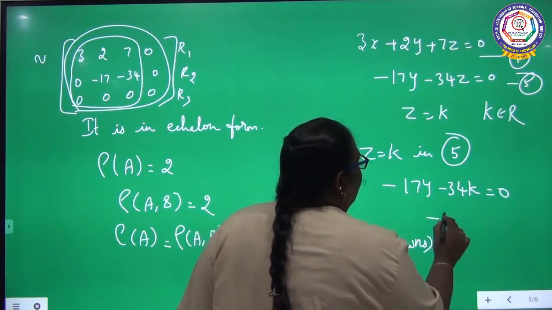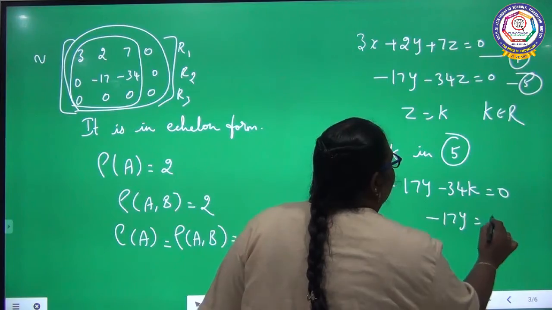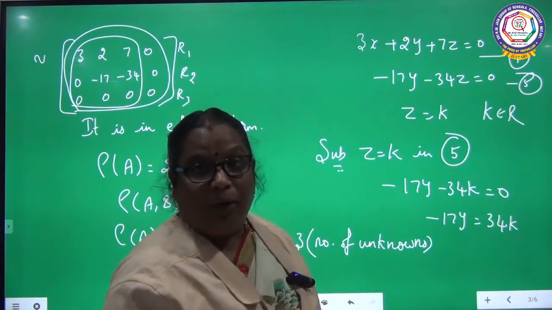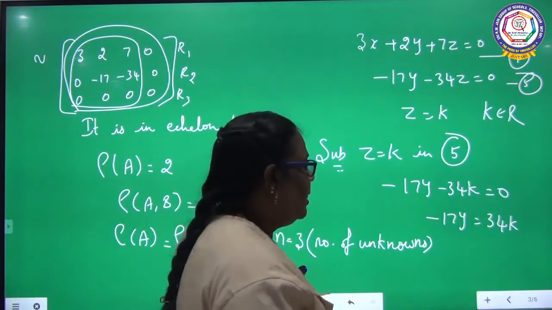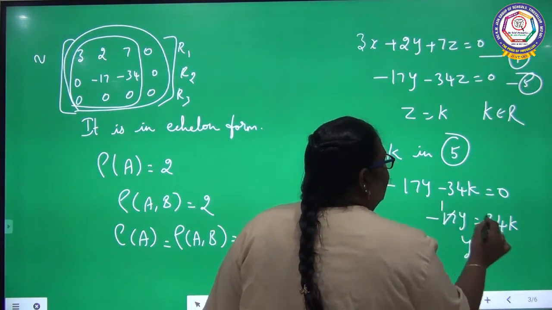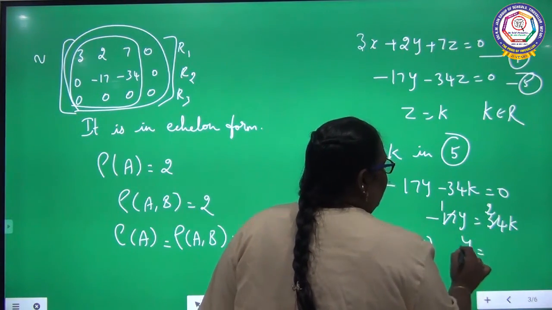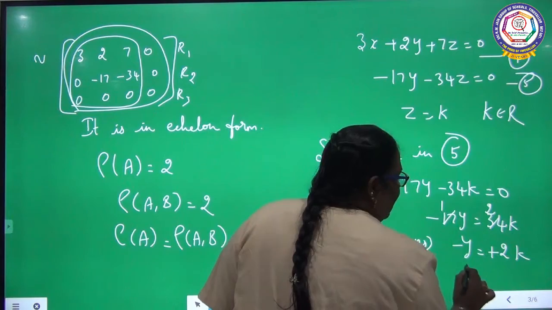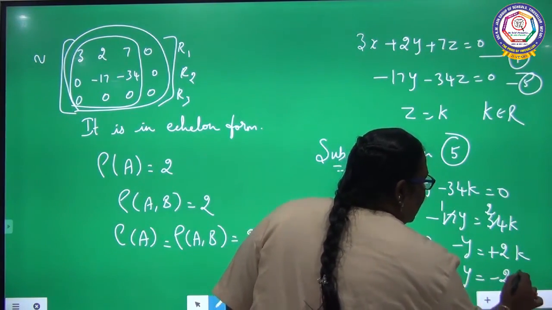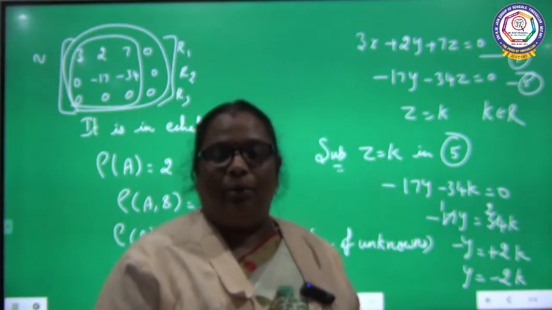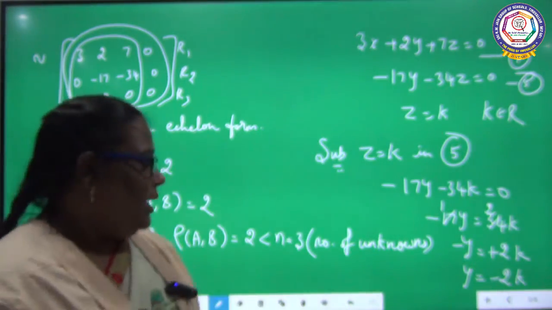So minus 17y equal to 34k. Y equal to minus 2k.